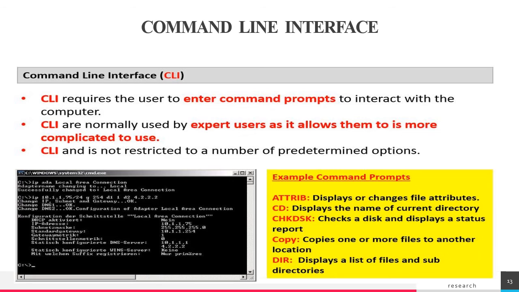Maybe let's say the disk is not okay, so it should be able to scan and check what the errors are. So CHKDSK is simply for checking disk. Copy copies one or more files to another location. So you know how to copy. For example, you want to copy a folder or a file from this folder and paste it in a different or another folder. The DIR displays a list of files and subdirectories.